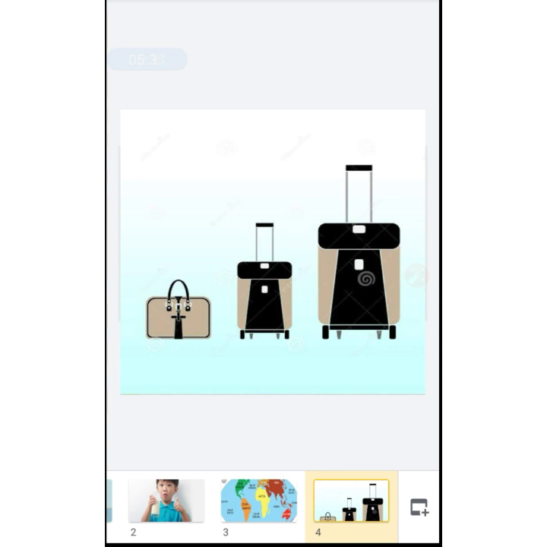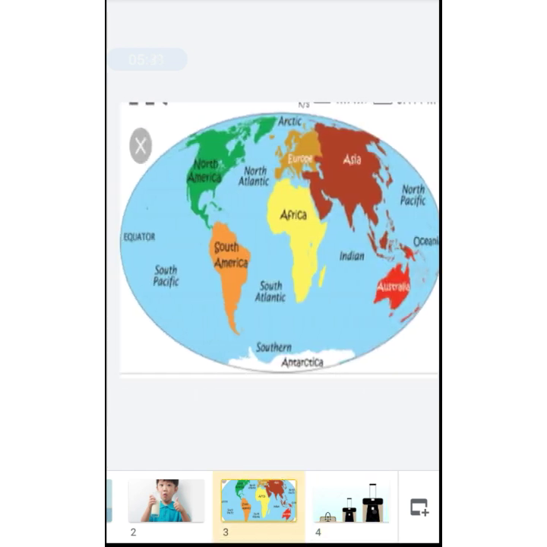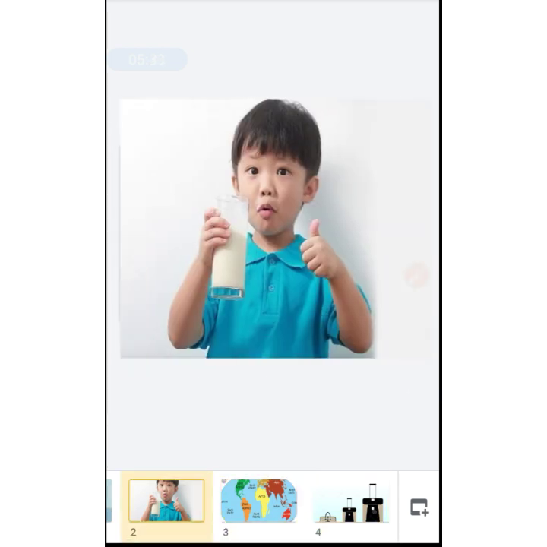That means gram is for weight, meter is for distance, and liter is for capacity. Okay class, now we will start our NCERT questions.